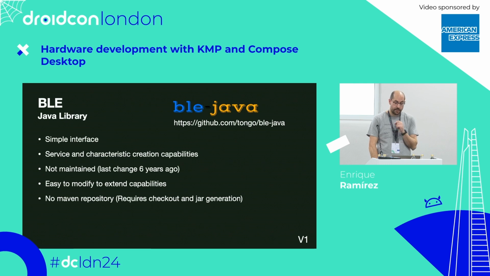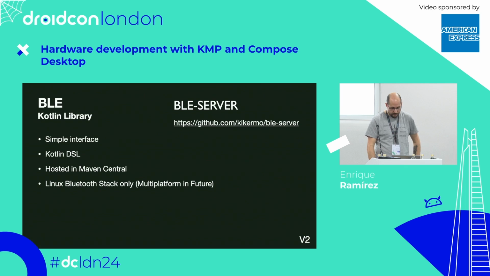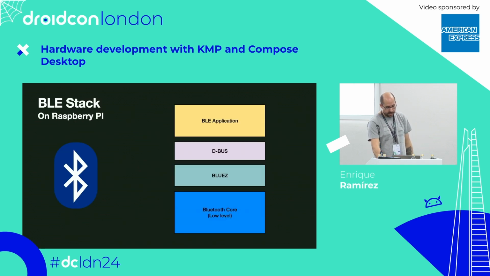But I found this library that uses the dbus, which is a communication messaging thing that Linux implements. But I actually wrote my own version of it based on that, but also influenced by the Pi4J library, with a DSL, and I published it into Maven Central, but it was inspired on that.